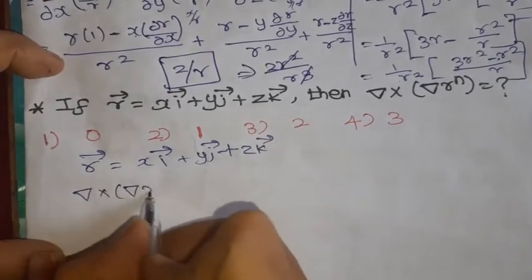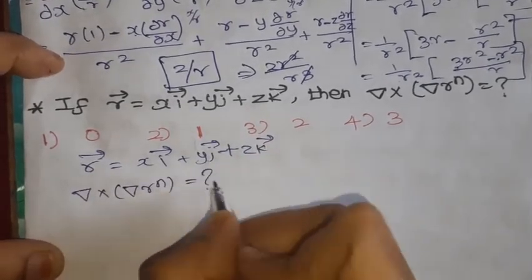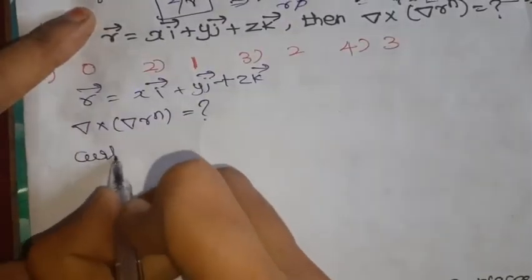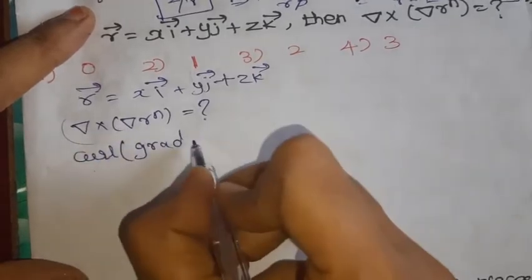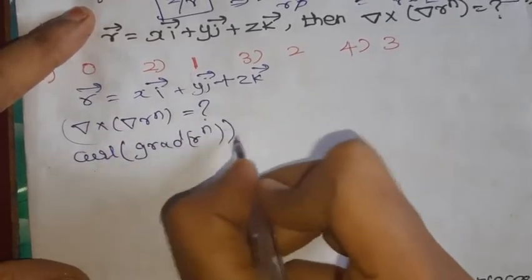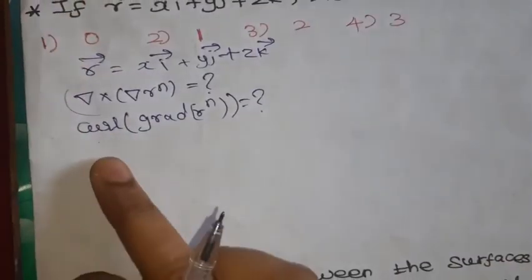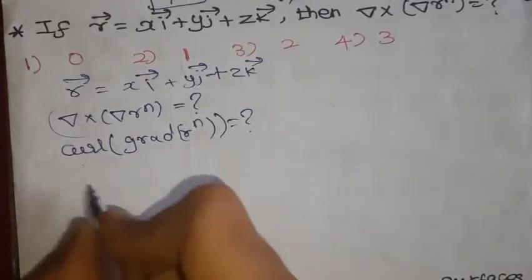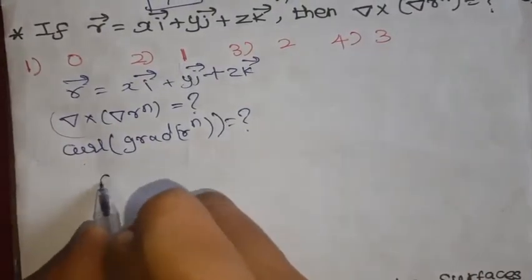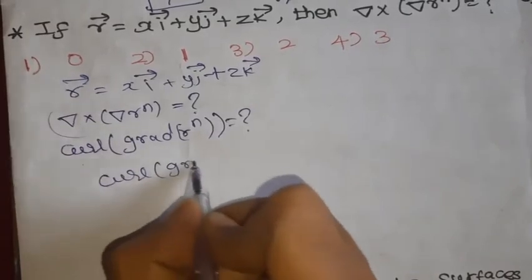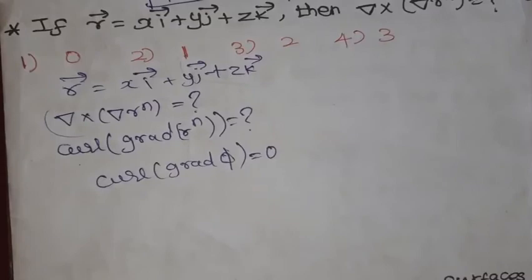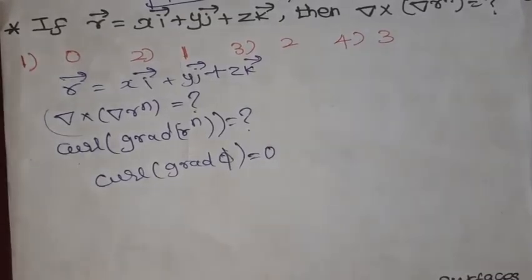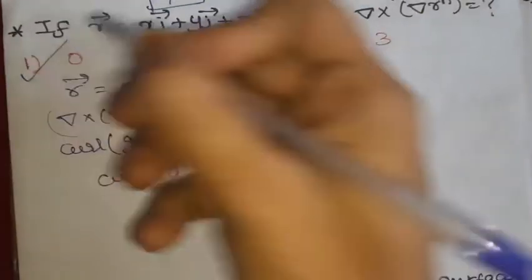Del cross del r power n is nothing but the curl of a gradient. From the standard formula, curl of grad of phi, or of some function, is equal to 0 only. From the formula itself we can say the answer is 0.